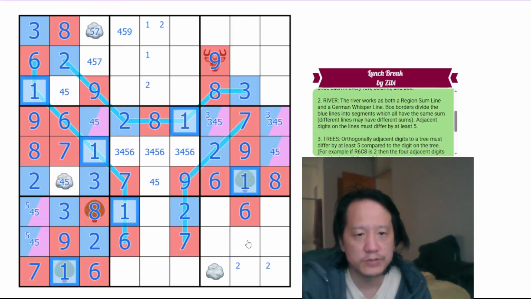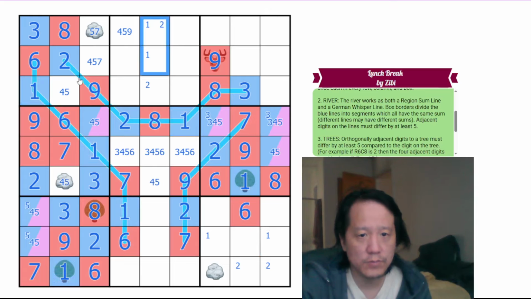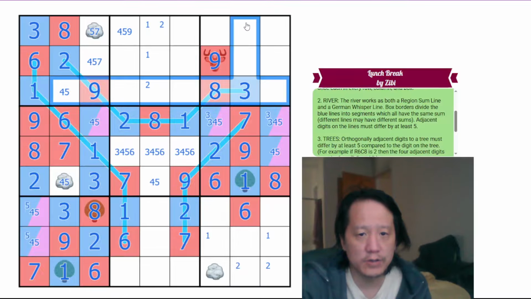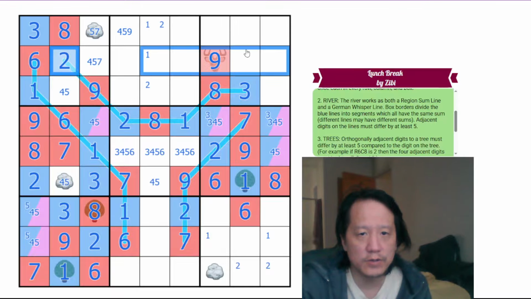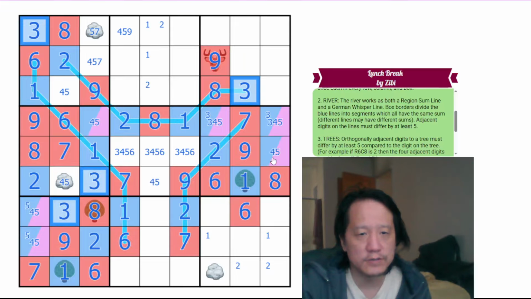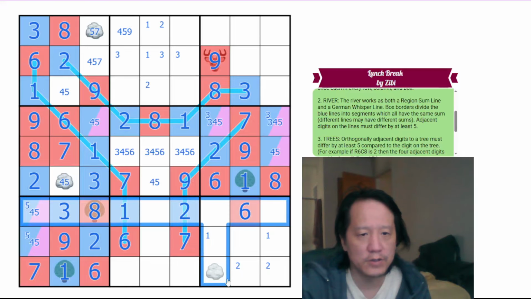How many 1s do we have? 1 has to be one of these 2. 1 cannot be here or here, so 1 is one of those 3. 2 can't be here or here, so it's one of those 3. 3s. 3 has to be one of those 3 here. Obviously, one of those 3 cannot be here, cannot be here.